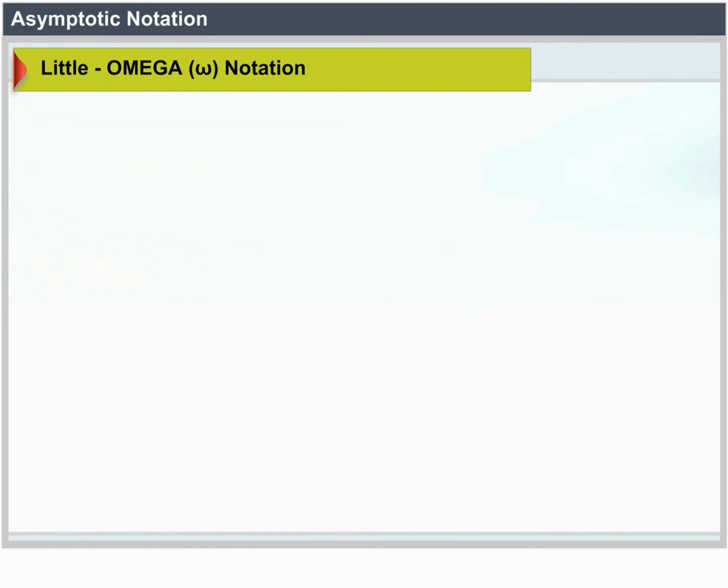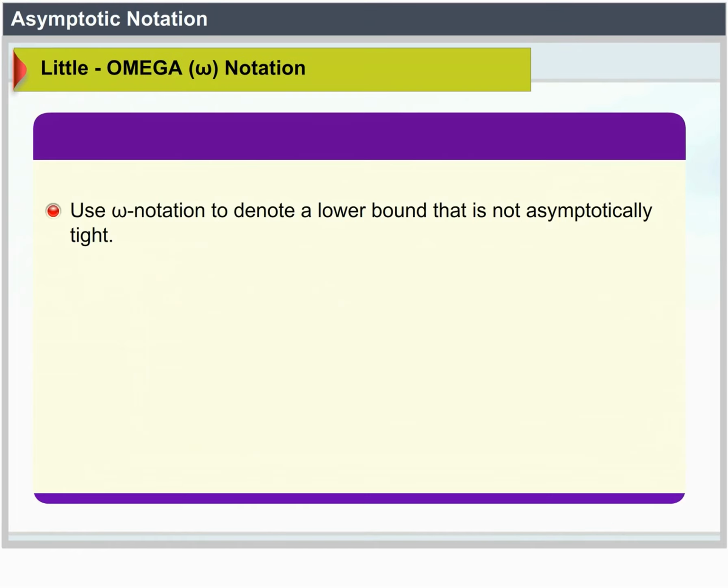Little omega notation. Use little omega notation to denote a lower bound that is not asymptotically tight.